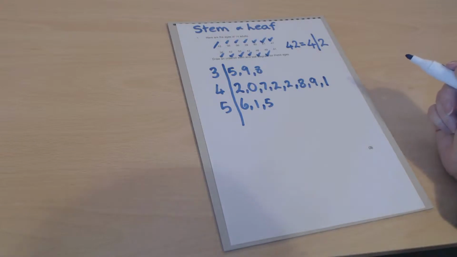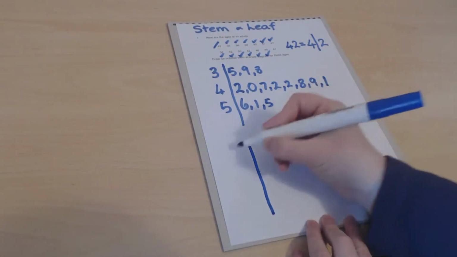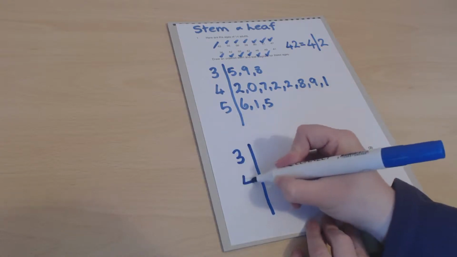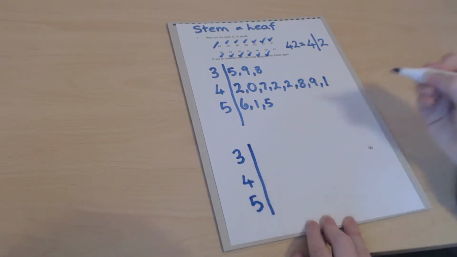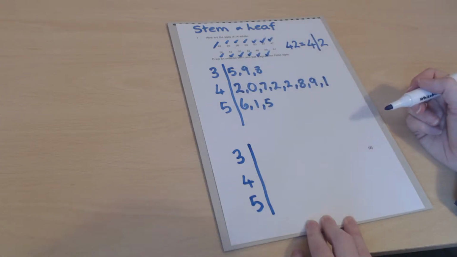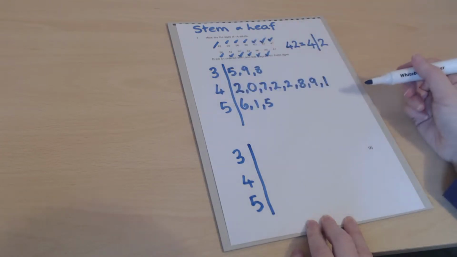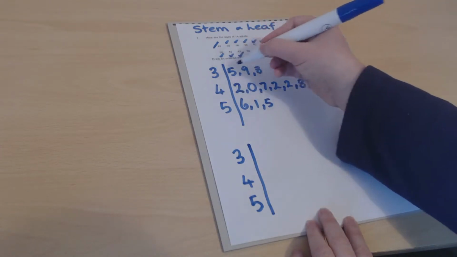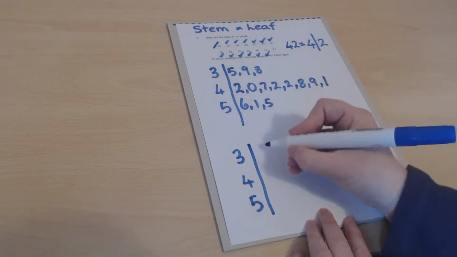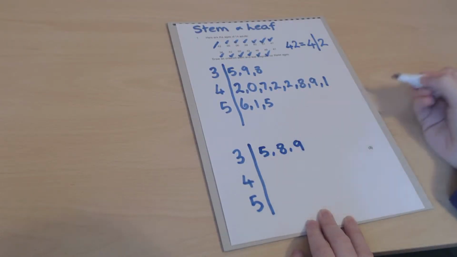Okay, so now I'm going to need to draw that diagram again, and the reason we're doing it twice is because the first time round I was more worried about getting them in the right places. This time what I've got to do is make sure that these are all in order of their number. So instead of 5, 9, 8 at the top there, I want 5, 8, 9.